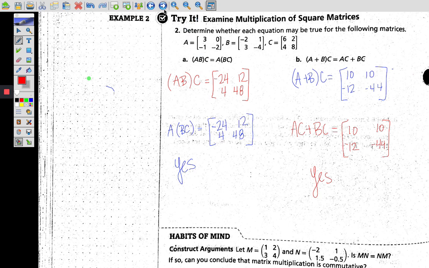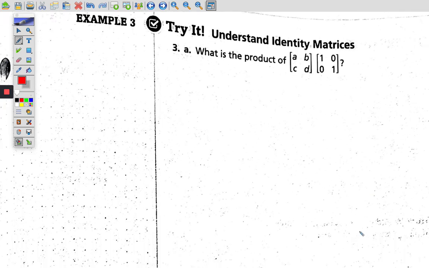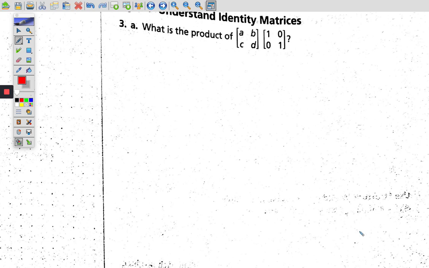All right, the next two, they're showing us by hand how multiplying matrices works. So what is the product of A, B, C, D times 1, 0, 0, 1? So we're going to take A times B and multiply it by 1 times 0. Then we're going to take A times B and multiply it times 0 times 1.